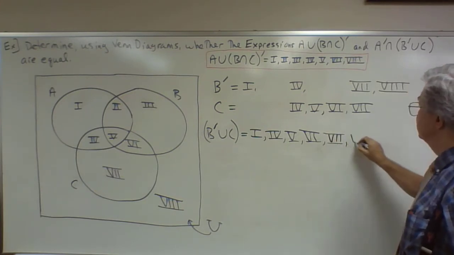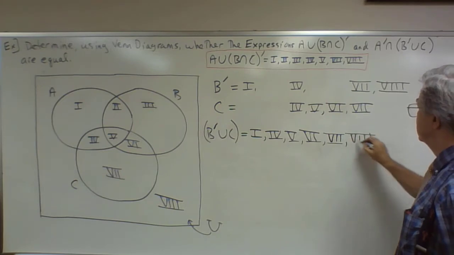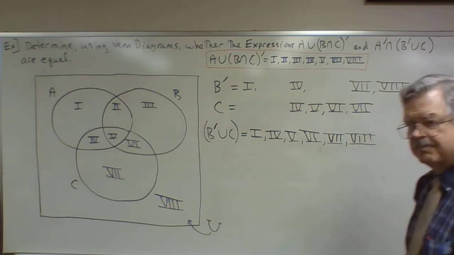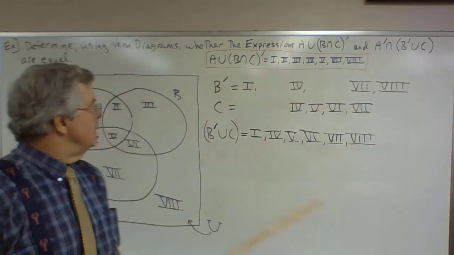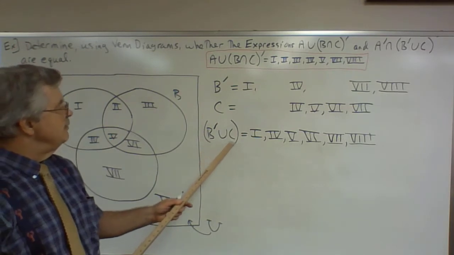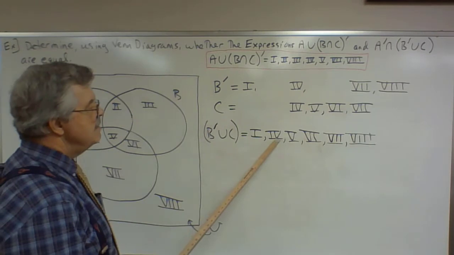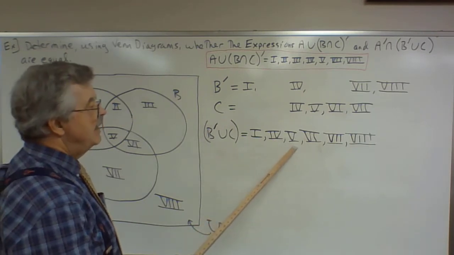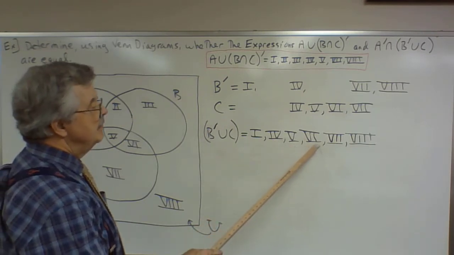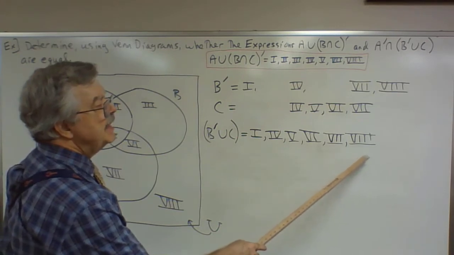And we got region 8. B complement union C comprises regions 1, 4, 5, 6, 7, and 8.